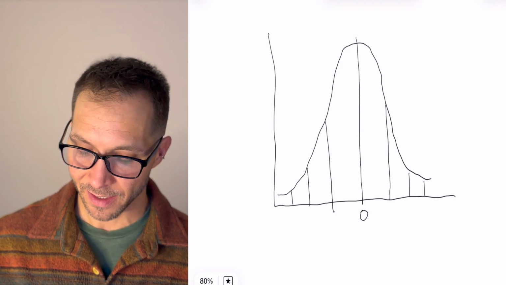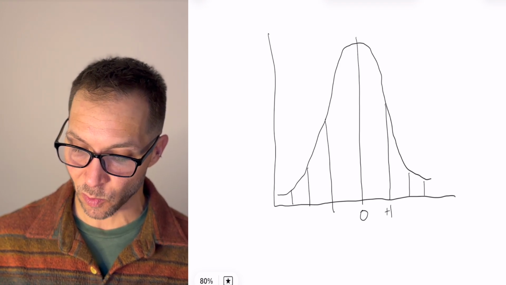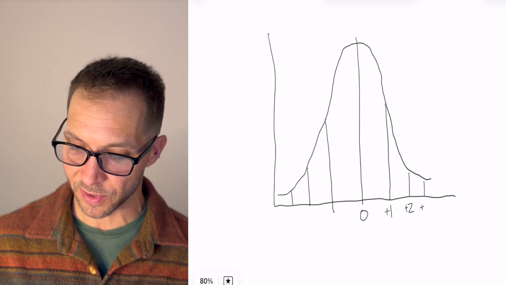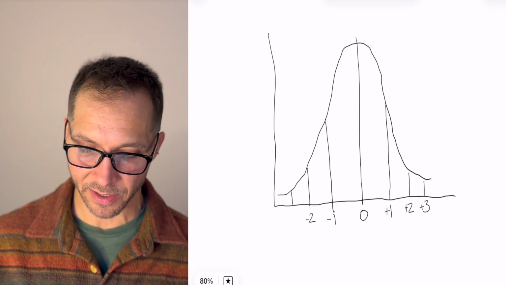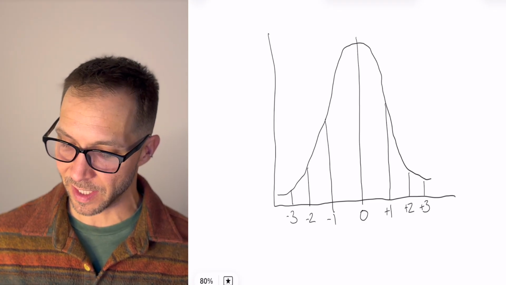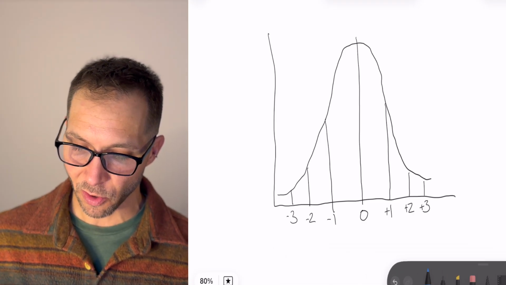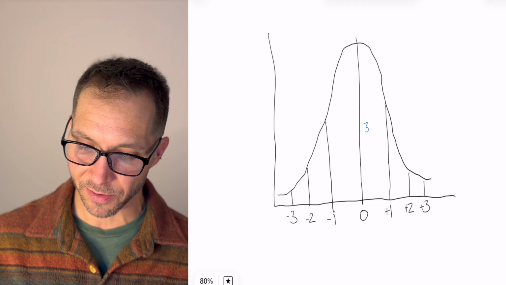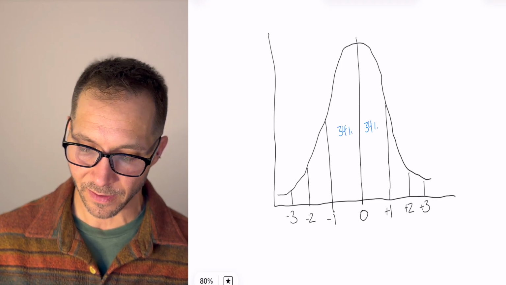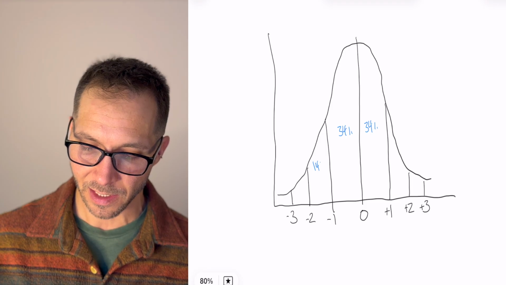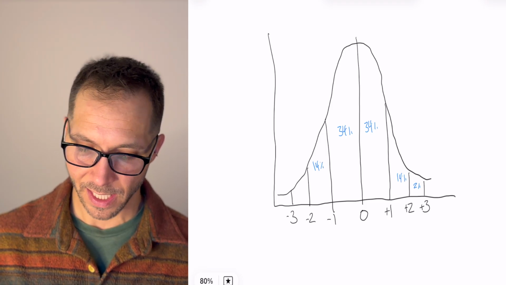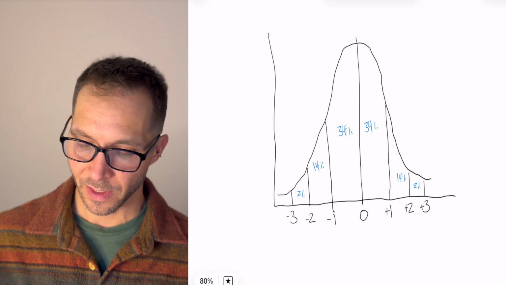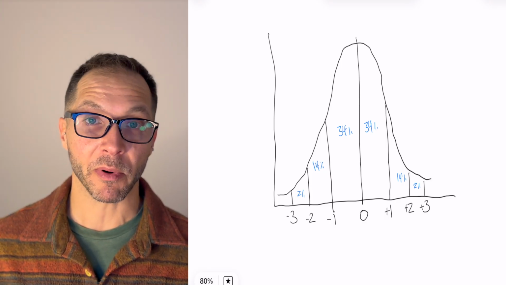I know that this is always going to be +1 standard deviations, +2 standard deviations, +3, -1, -2 standard deviations, -3 standard deviations. I also know all of the percentages. I know that 34% of people are here, 34% of people are here, 14, 14, 2, and 2.